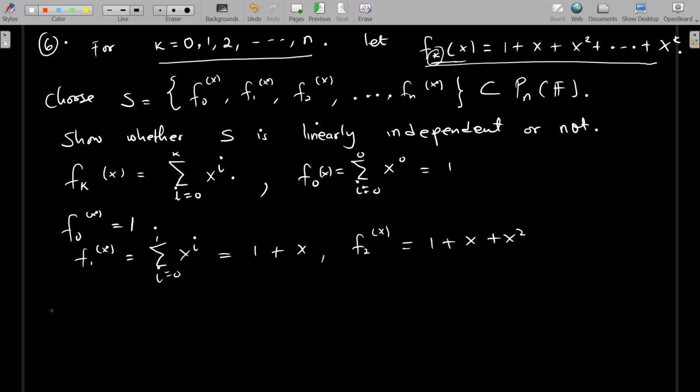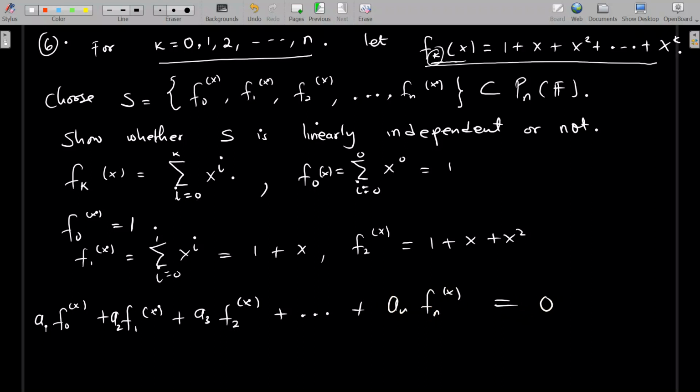And now we just pick the elements we have in S, which is f sub 0. So I pick a1 f sub 0 of x plus a2 f sub 1 of x plus a3 f sub 2 of x, plus all the way to a sub n f sub n of x, should be equal to 0.